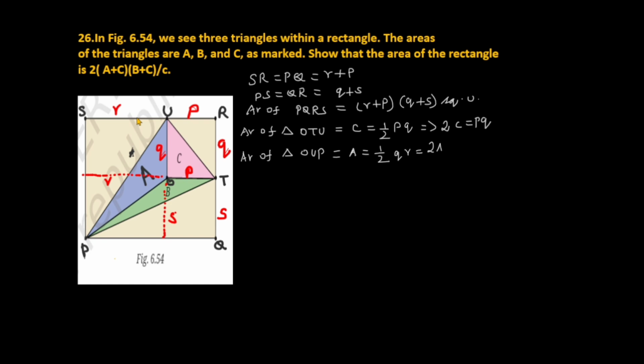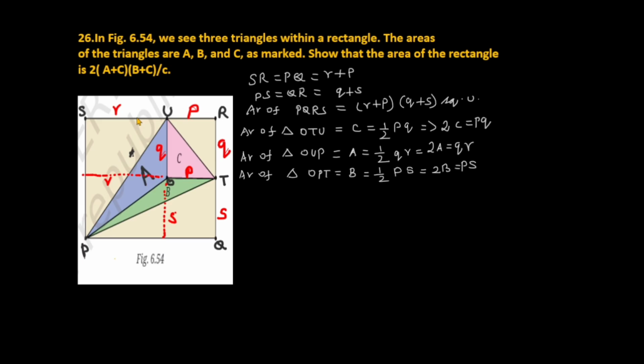So twice A is equal to QR. And area of triangle OPT is the enclosed area B, that is equal to half into base P and height S. So 2B is equal to PS. So we are getting this.